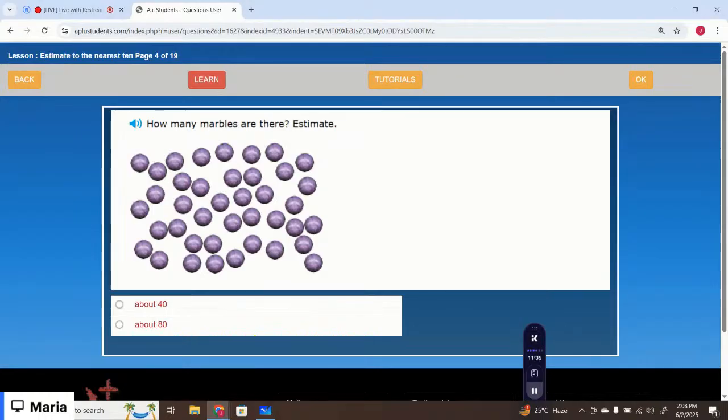How many marbles are there? About 40 or about 80? They are about 40.